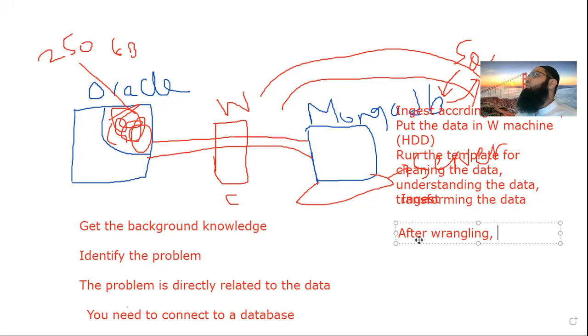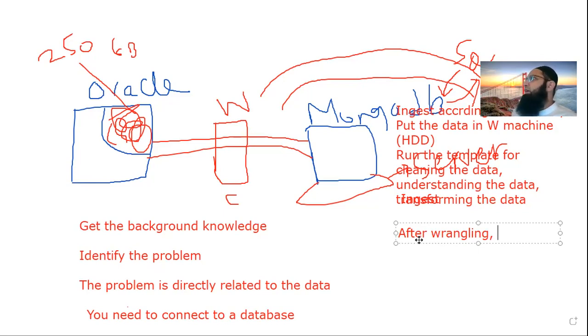This pipeline is actually a piece of code. It's not a railroad or a track of a train. It's just an analogy that I gave. It's not something tangible. It's not a physical thing. It is just a piece of Python code in which I connect to an Oracle database. I run a template to clean the data, which involves a lot of work, seriously.